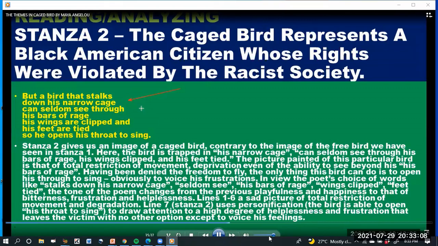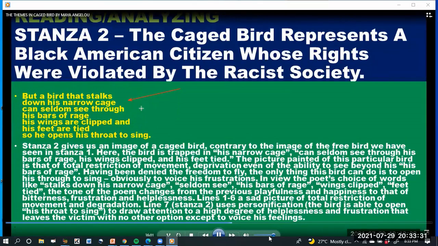So when you look at stanza 2, we have read it over and over, and it is giving us the same picture of the average Black American during the slavery era and its aftermath, characterized by racism, racial discrimination. All right.